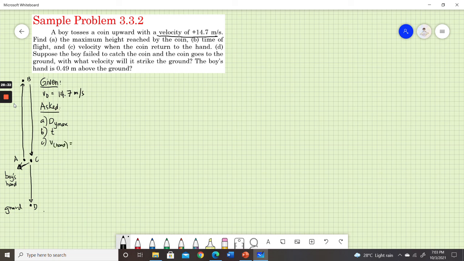So what is the velocity of the coin when it reached the boy's hand? And in D, it's asking us the velocity when it reached the ground, because the boy failed to catch the coin. So instead of going to his hand, it went to the ground. So that's what it's asking.